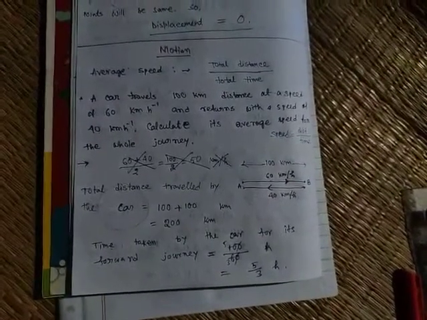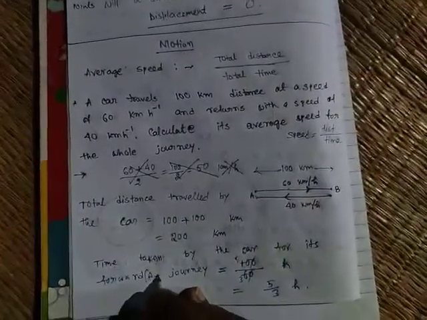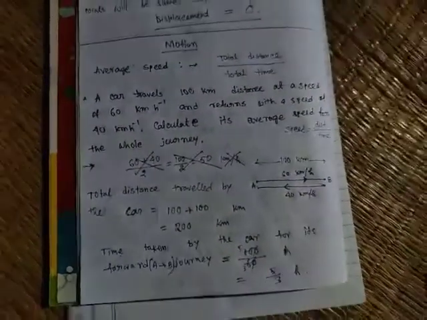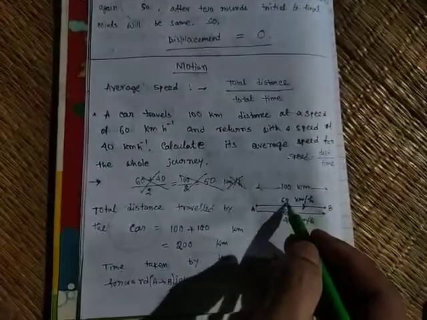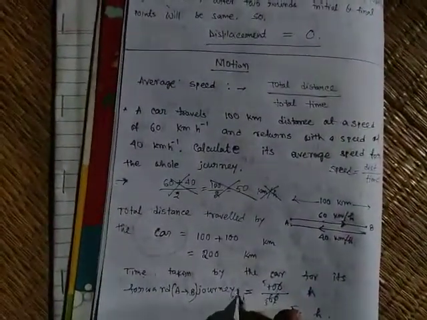Understood why I have written forward? Forward means A to B. A to B, the speed was 60. So that's why distance upon speed, 5 upon 3. Next. Here I am representing this as T1.